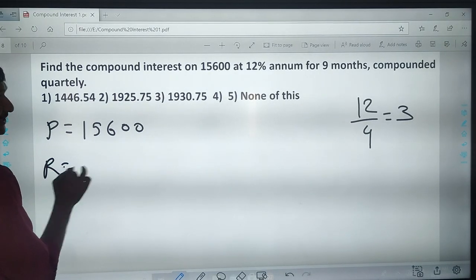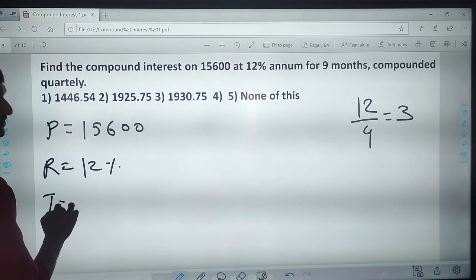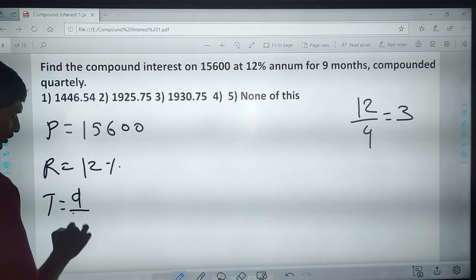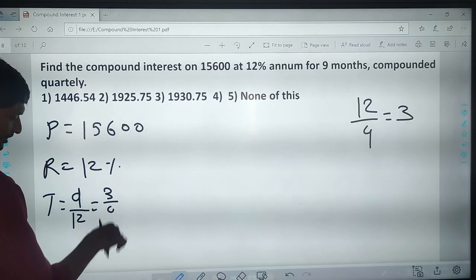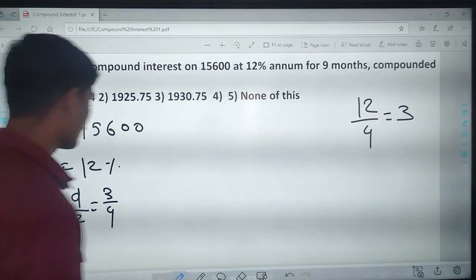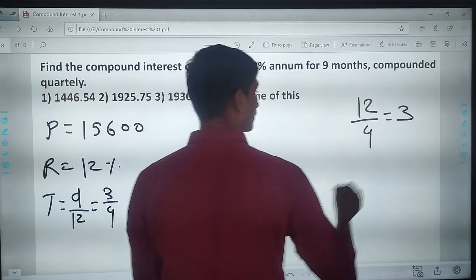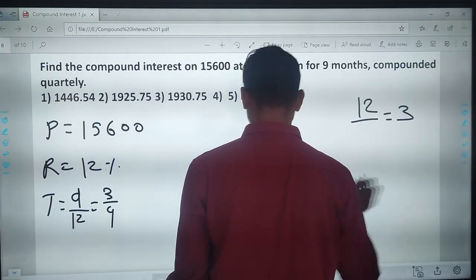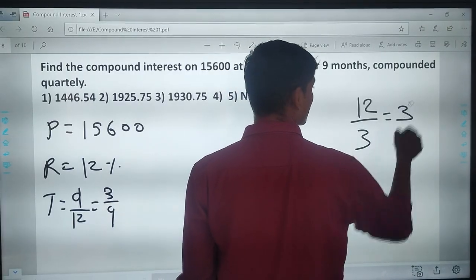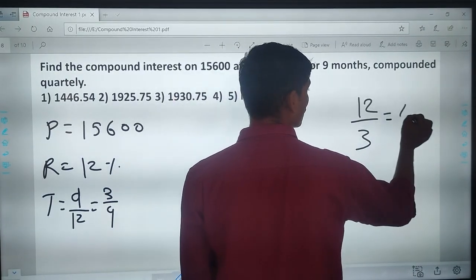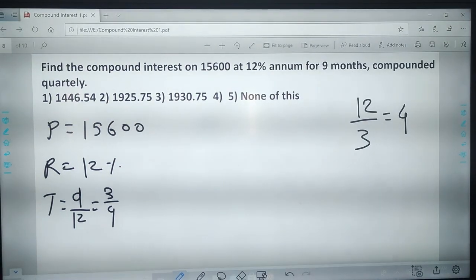Your rate of interest is 12% and your time is 9 months, means 9 upon 12, that is 3/4. Here compounded quarterly means nine months, 9 upon 12, that is 3/4.